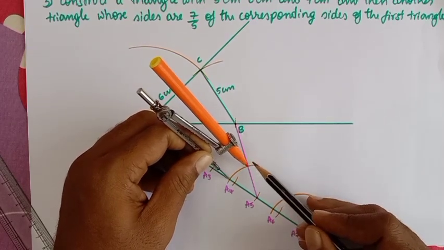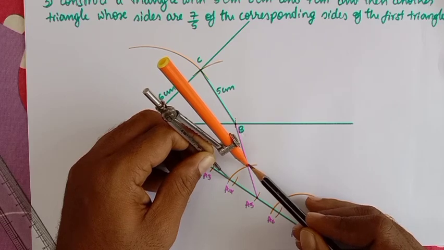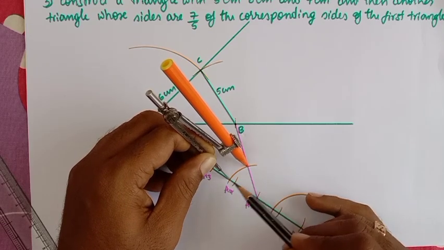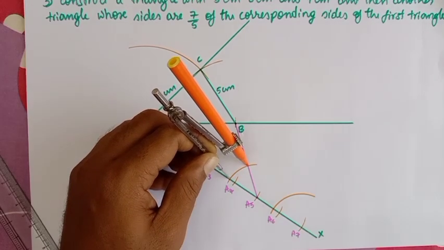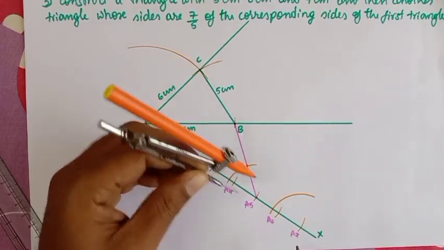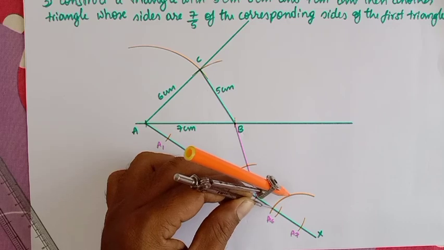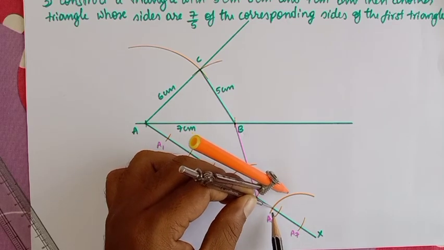We should take that distance from here to here, and then afterwards we should take from here the point.